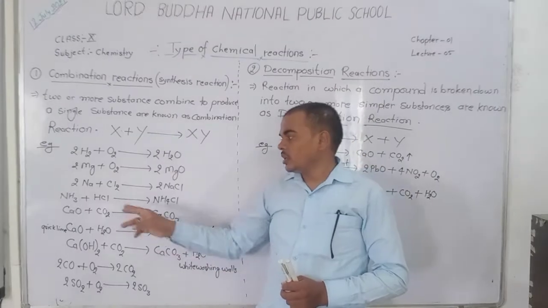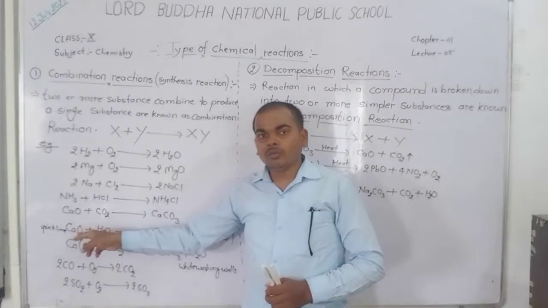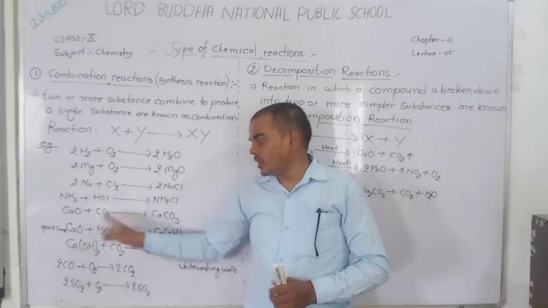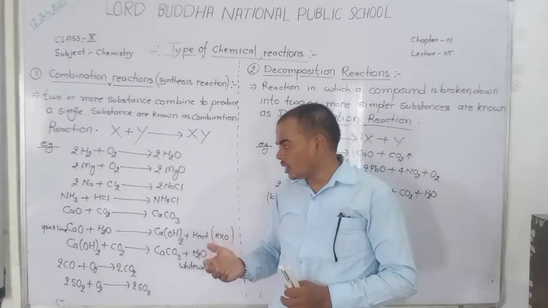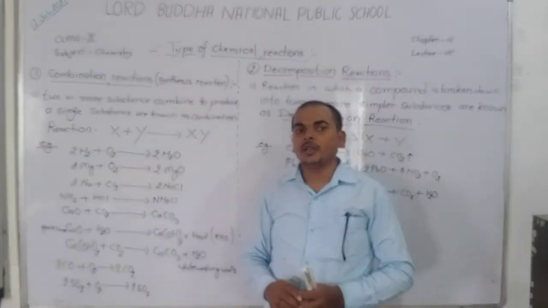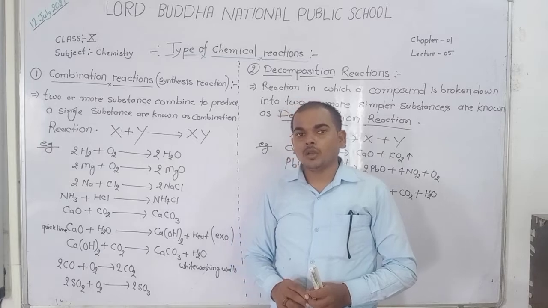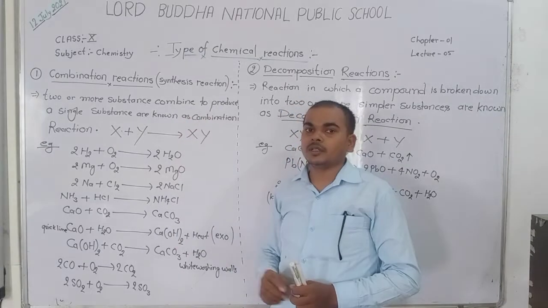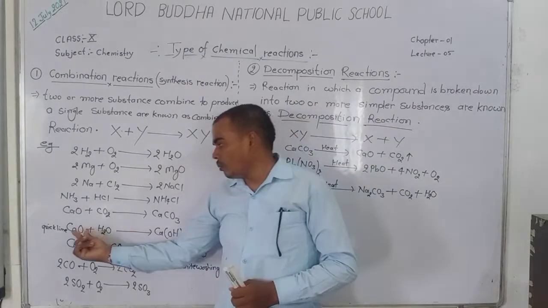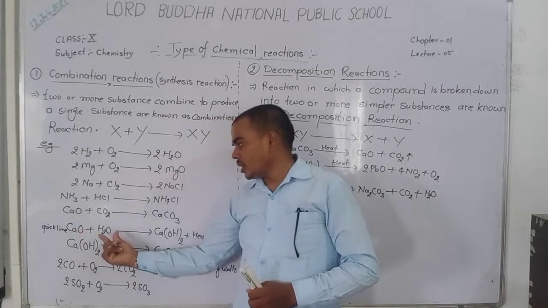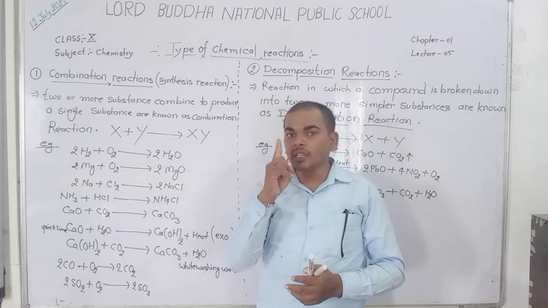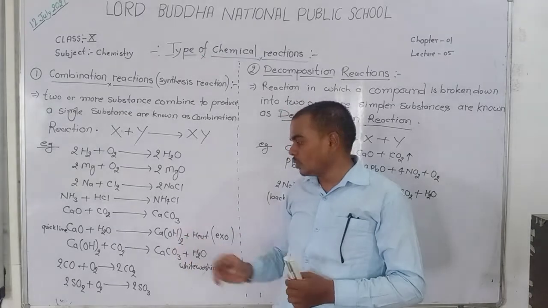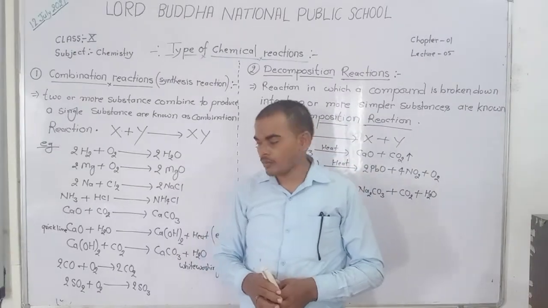That means dissolving calcium oxide in water is an exothermic reaction, and the formation of calcium hydroxide is a combination reaction, because here two compounds, calcium oxide and water, combine with each other and produce a single compound, calcium hydroxide.